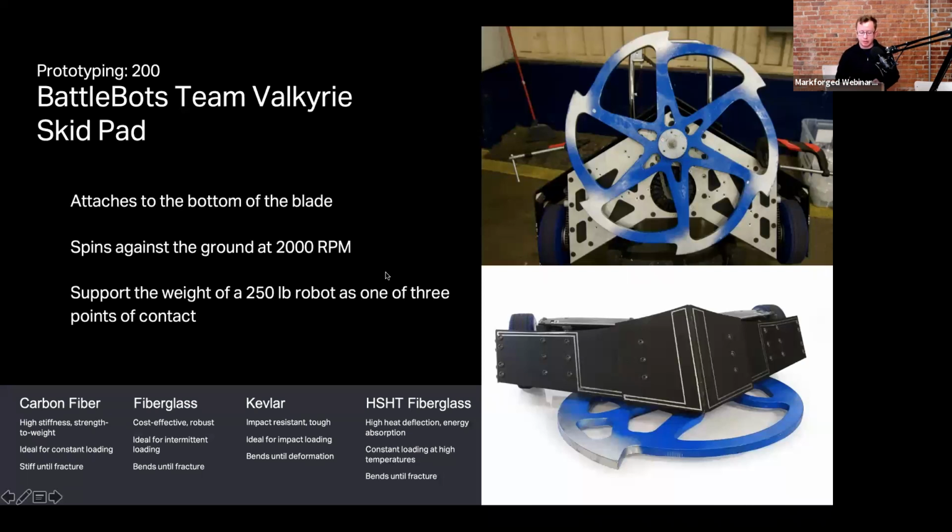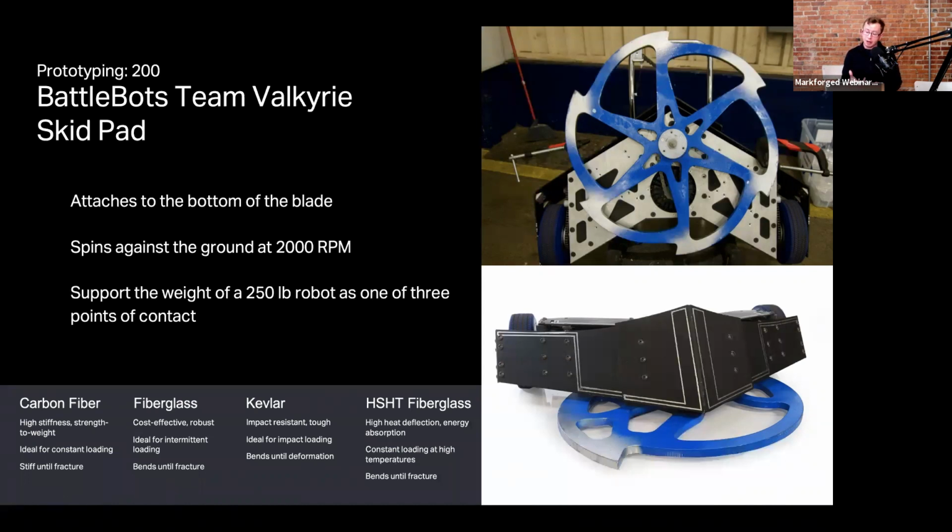The requirements for these are that it attaches to the bottom of the blade, so it's the third point of contact apart from the two wheels. And when the weapon spins, it spins against the ground at about 2,000 rotations per minute. So it spins really, really fast. They wanted to do a functionality test on the geometry of this skid pad because they wanted the tips of the blade to just lightly scrape the ground.